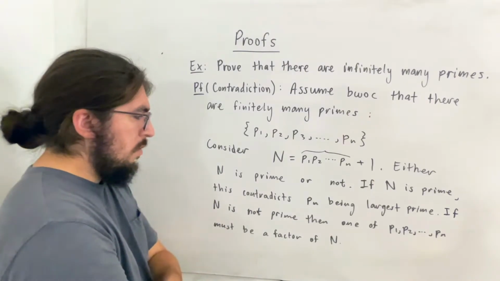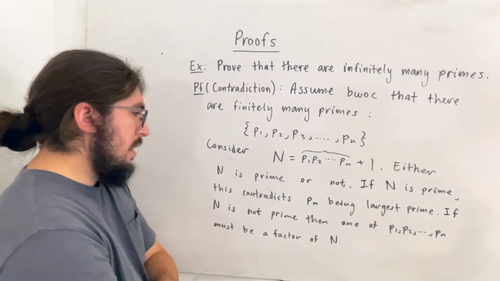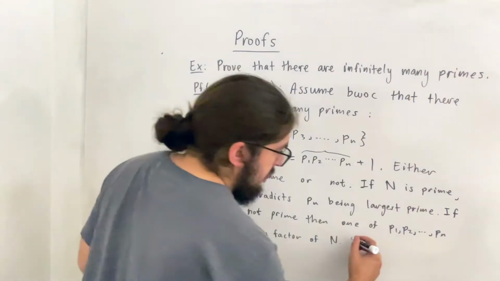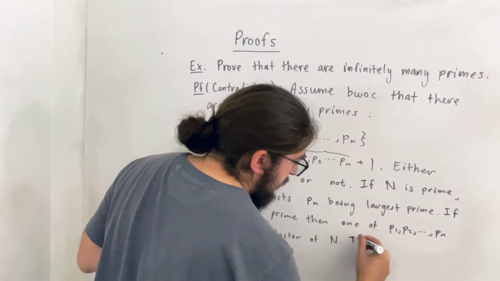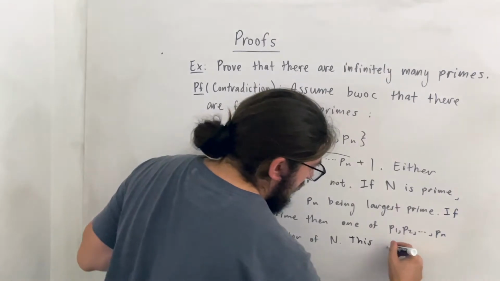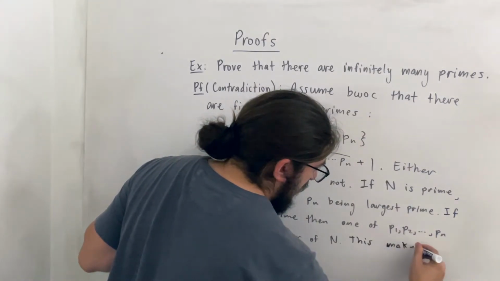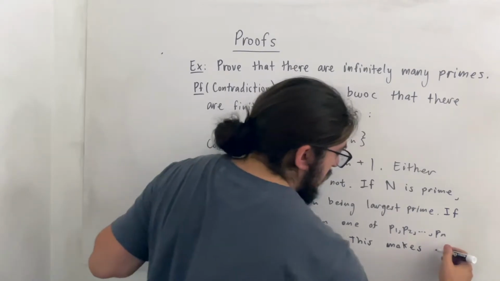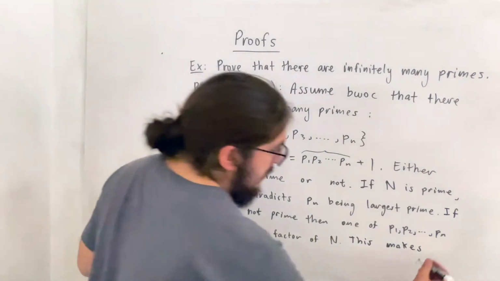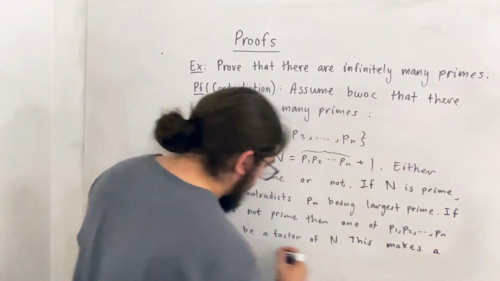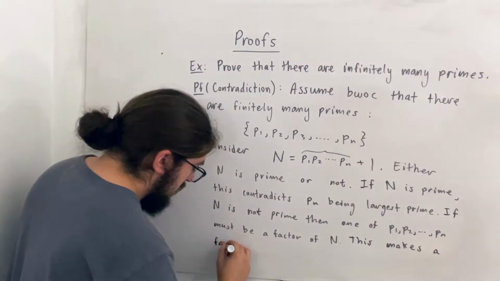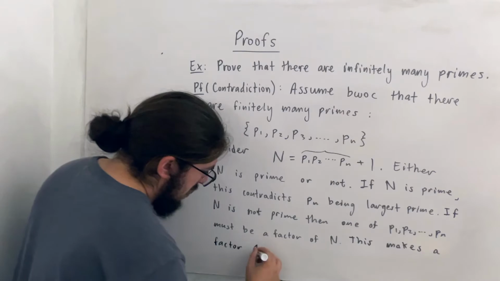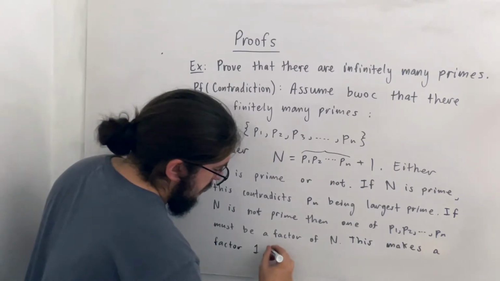It's a little harder to write that in words, so let me see if I can figure that out. Let me just say, this makes a factor of 1 that is greater than 1.